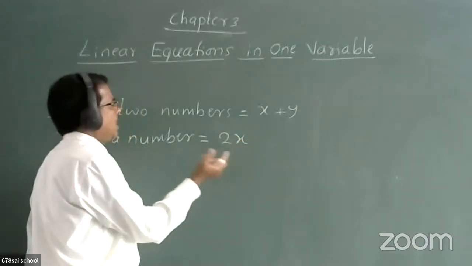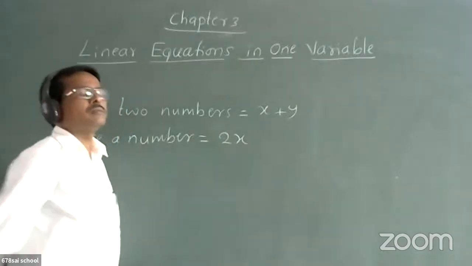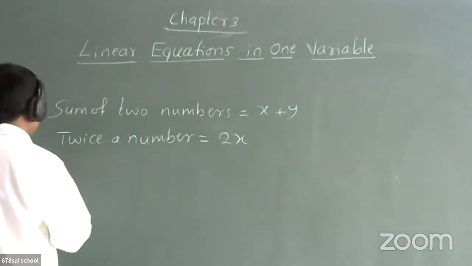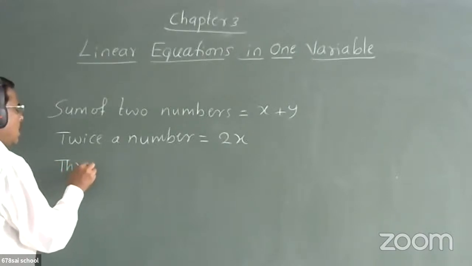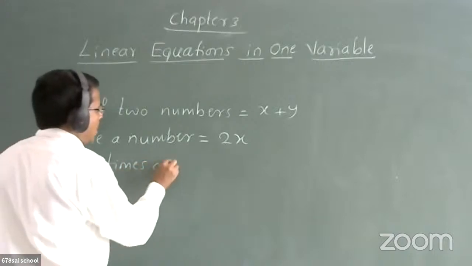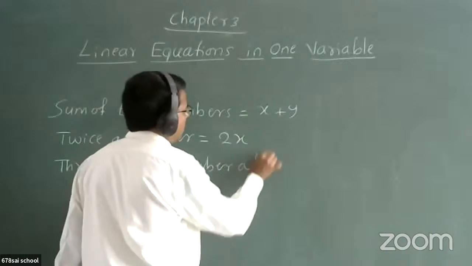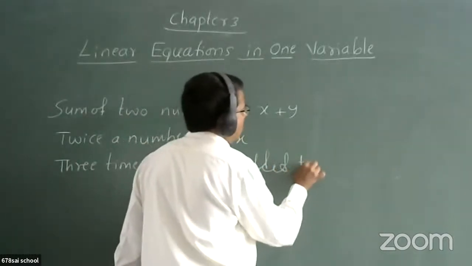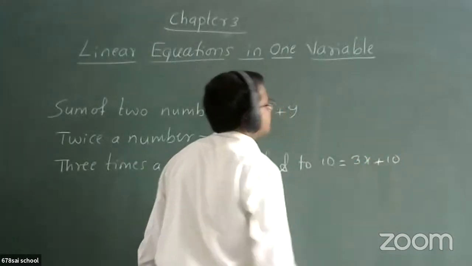The number is not given, so I will take it as a variable x. So 2x. Then 3 times a number added to 10.